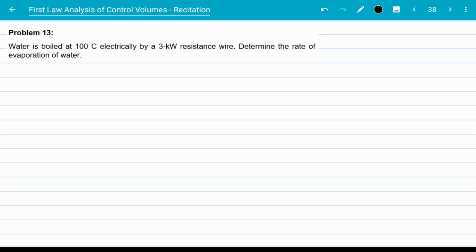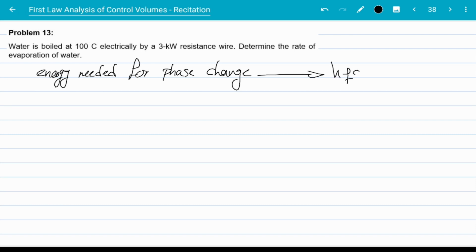Okay, problem 13 is actually a rather easy one. It asks for the rate of evaporation of water if we are heating water at 100 degrees Celsius with a heater of 3 kilowatts power. So a few problems back, we concluded that the Q, or the energy needed for phase change at constant pressure, is h_fg.